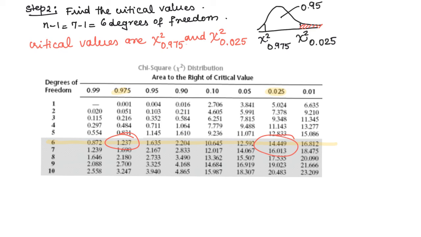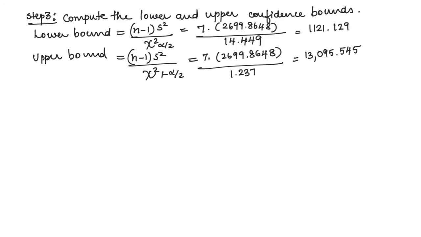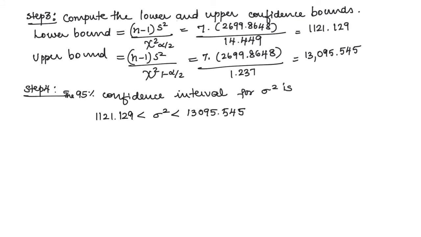So these are the critical values. Now compute the lower and upper confidence bounds. So now we can write the sigma square is between these two values. To find the confidence interval for sigma, take the square root of each one. So sigma is between these two numbers.